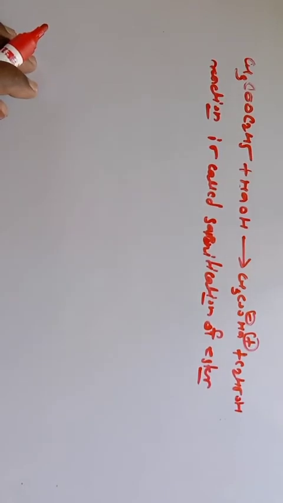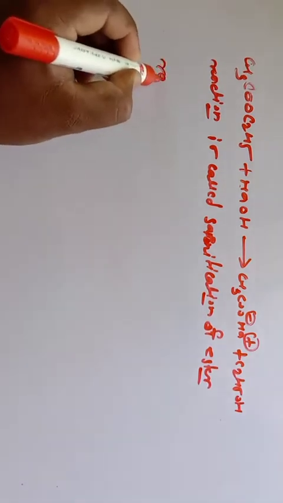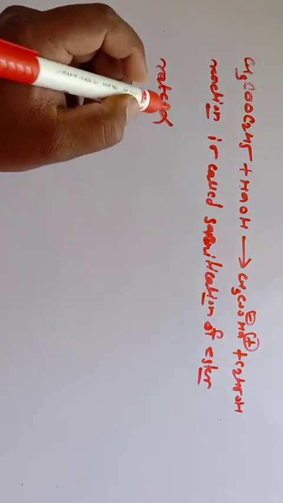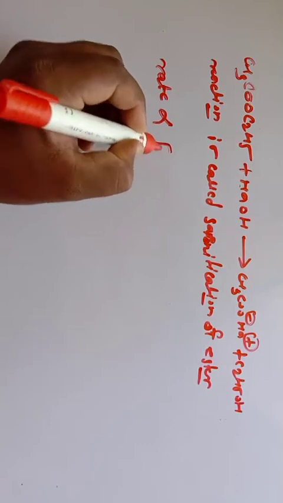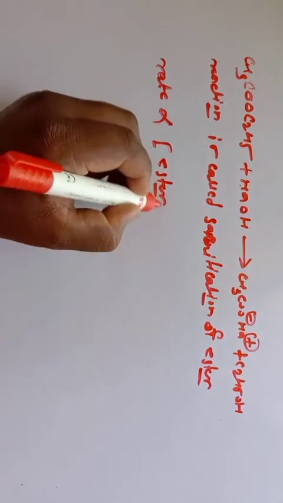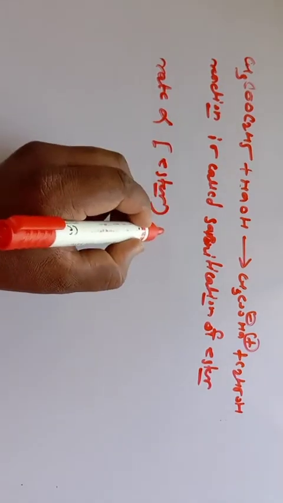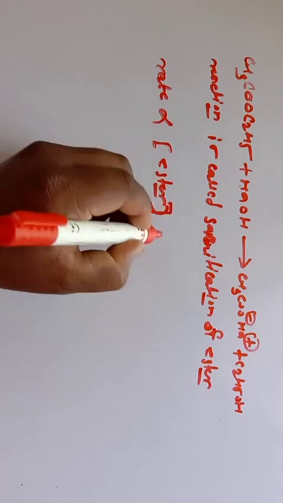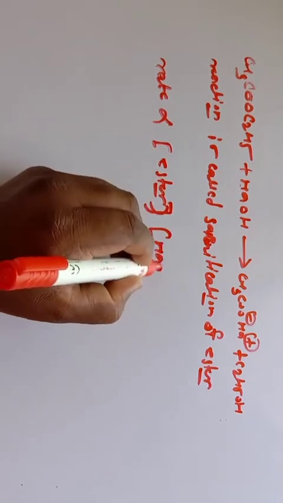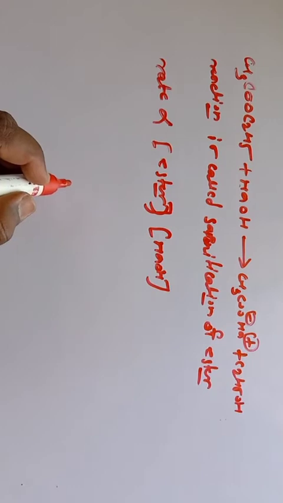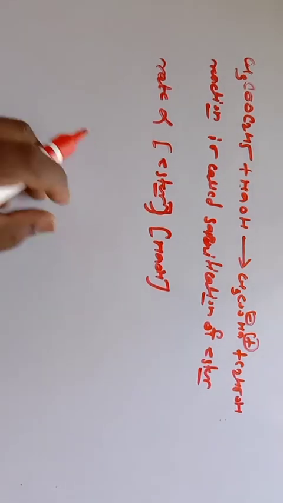If you consider this reaction, the rate of this reaction is directly proportional to the concentration of ester, that is ethyl acetate, and the concentration of base, that is NaOH, and therefore it is a second order reaction.